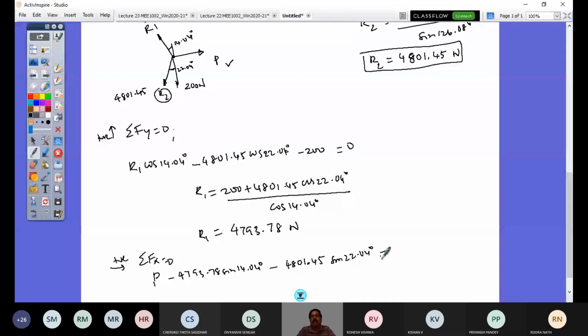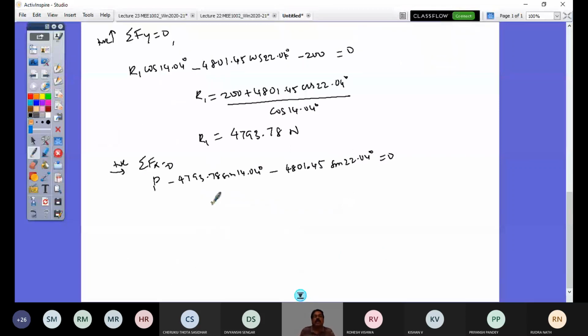Now I can get the value of P. So P equals 4793.78 sine 14.04 plus 4801.45 sine 22.04 degrees.